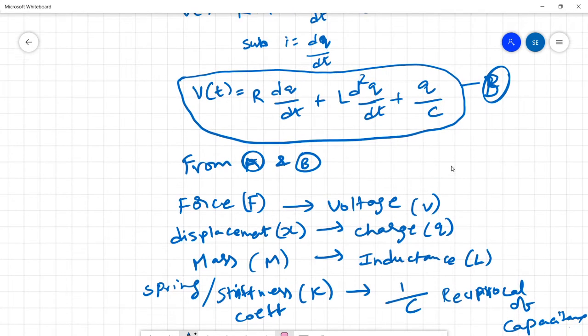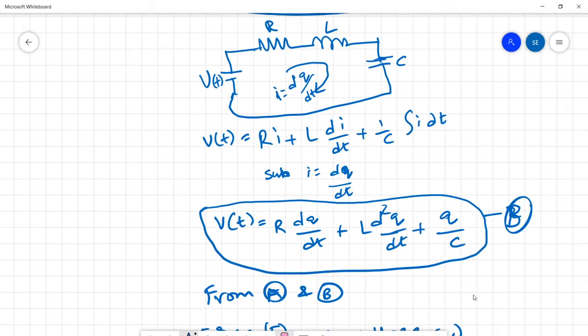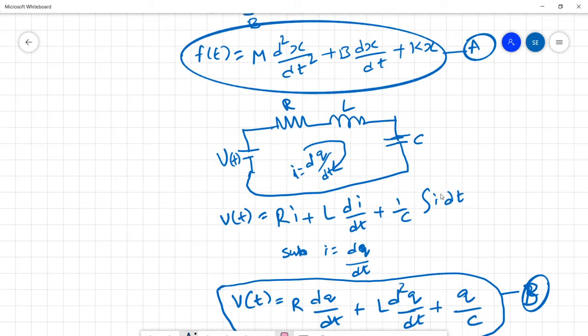Then what are the leftover terms? R. Resistance is analogous to the dashpot here, right?